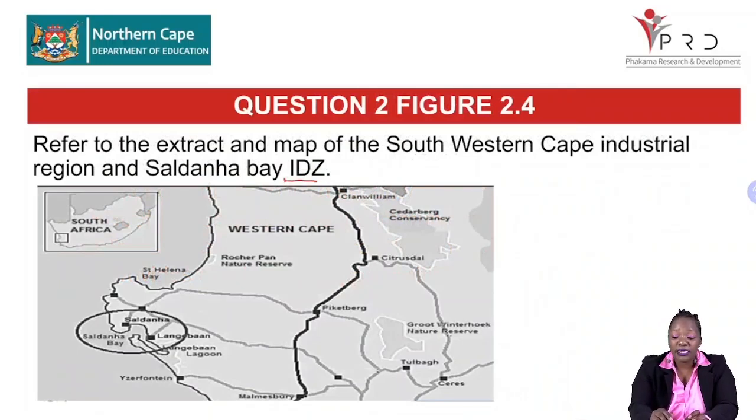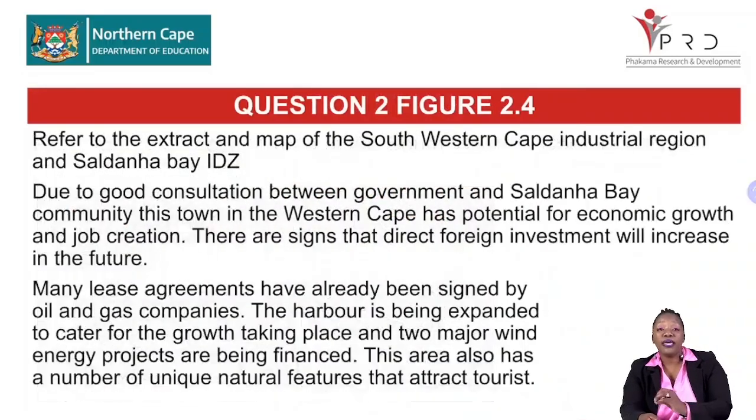You will remember that this year again, the IDZ that will be in focus or in question is your Saldanha Bay. So you are given a map there of the Western Cape Industrial Region. As you can see, it says Western Cape as well as the Saldanha Bay, your IDZ. So now let us go through the extract.